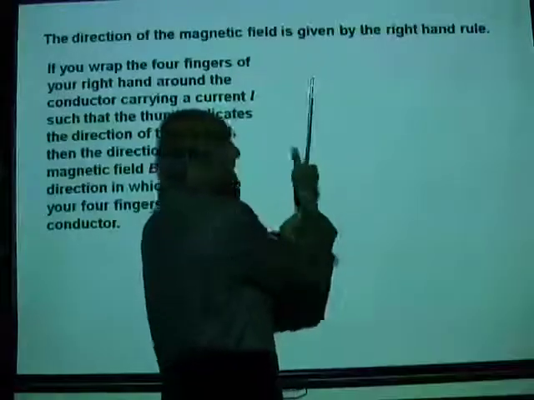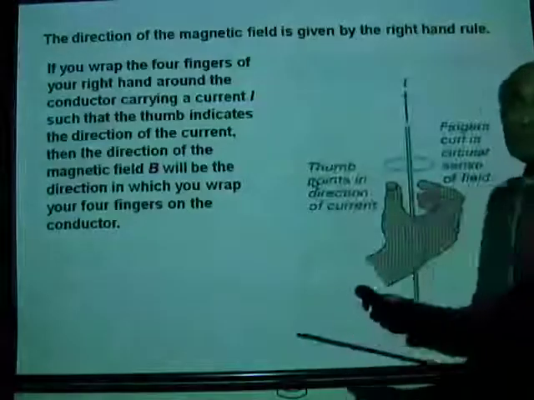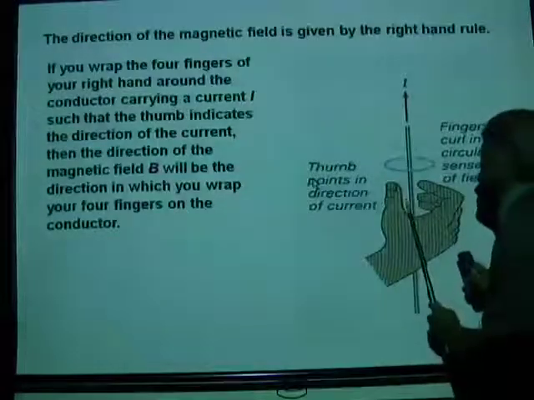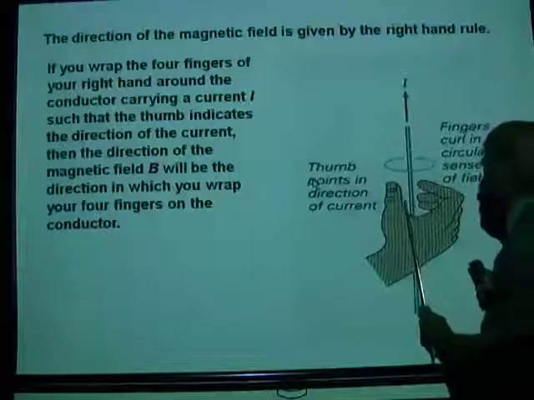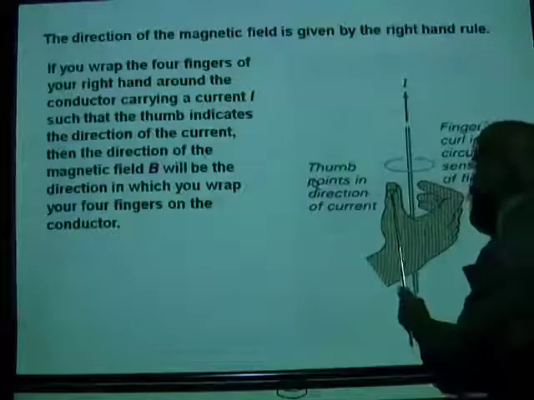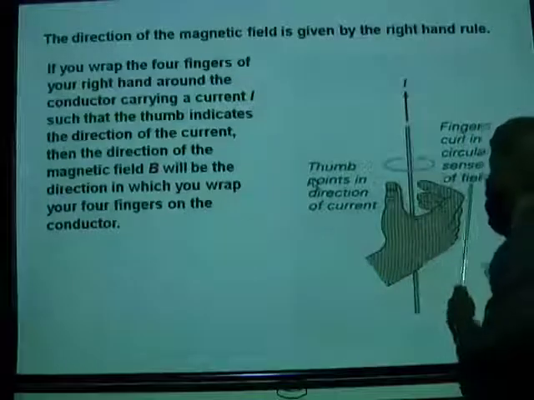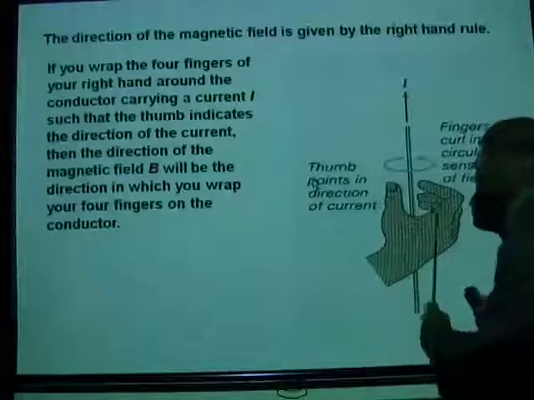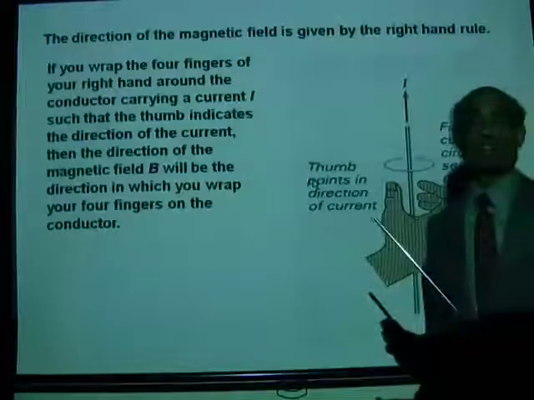That's what the right-hand rule tells you. Now, practice that. So again, if you wrap the four fingers of your right hand around the conductor with the thumb indicating the direction of the current, then the direction in which you wrap the four fingers will give you the direction of the field.